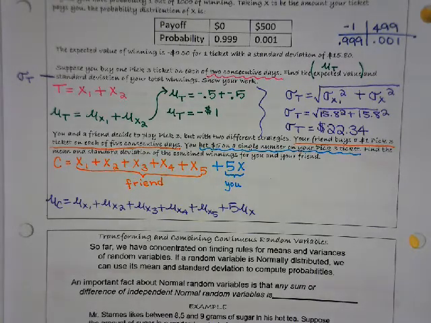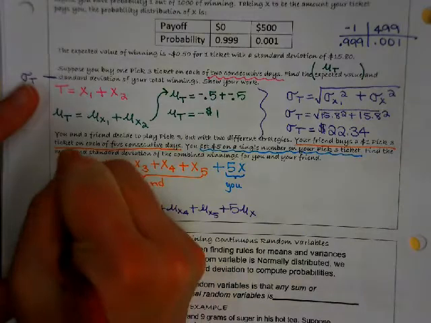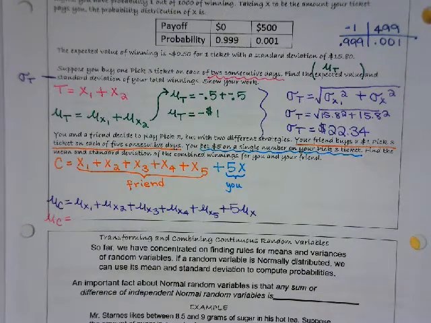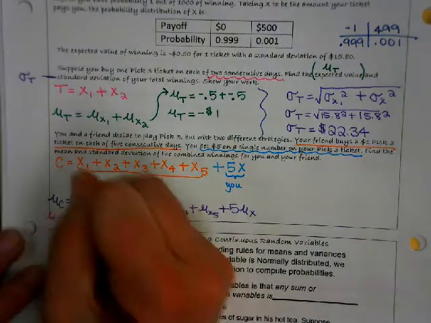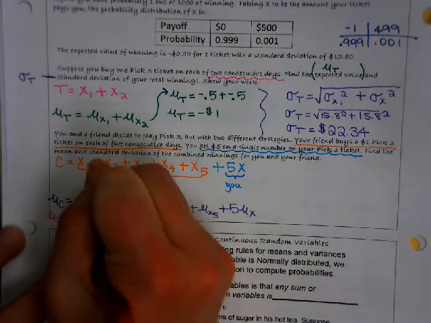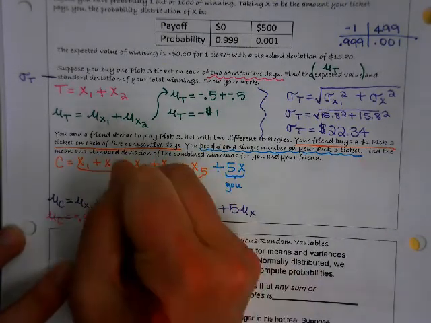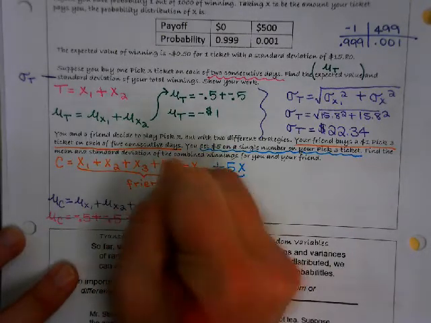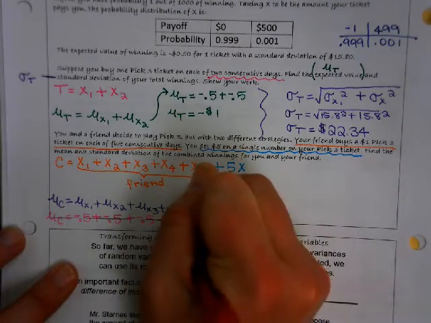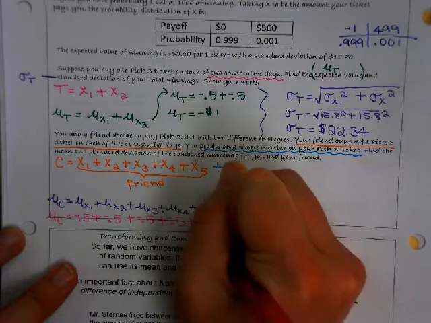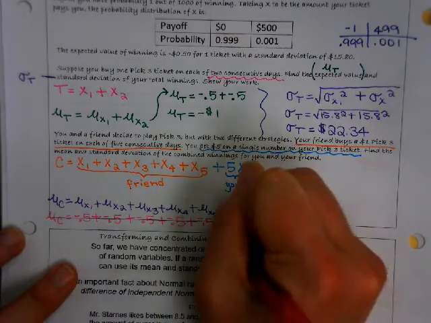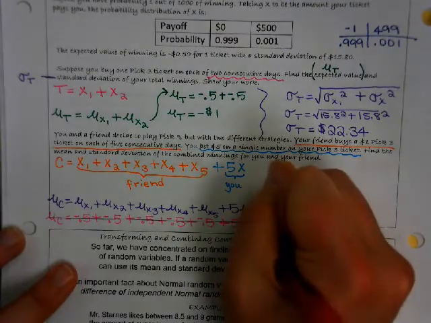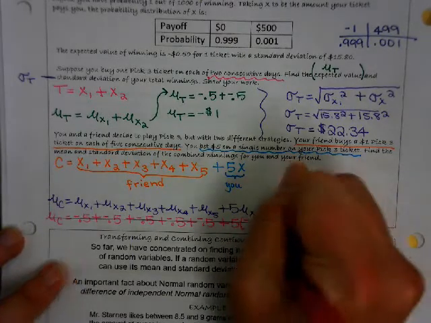Like I mentioned with the previous one, it's all the same game, so the mean doesn't really change. Your friend is expected to lose 50 cents the first day, plus lose 50 cents the next, and 50 cents the third day, and the fourth day, and the fifth day. And you are just playing one day, but you're wagering 5 times as much, so you're expected to lose 5 times that 50 cents. I apologize, the line kind of goes through some of my 5s and makes them look weird.